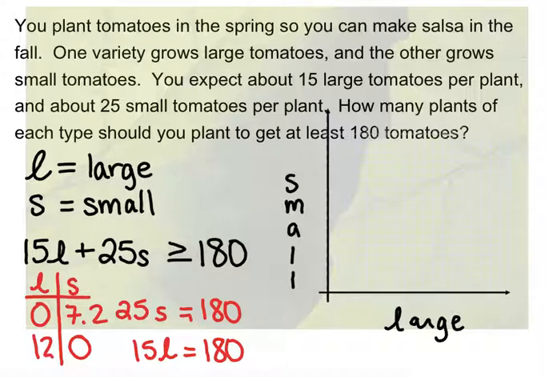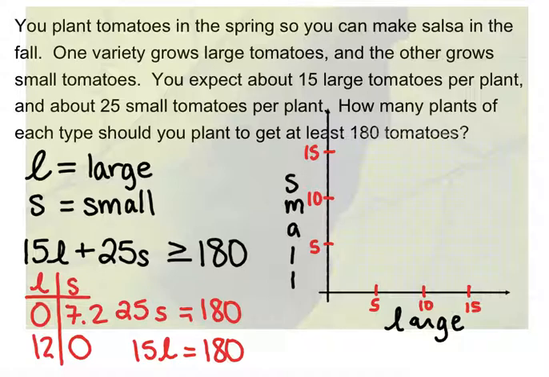Now, those aren't big numbers, so I should be able to go by ones. So I'm going to count out, going by ones. I'm going to label every 5th one. So now all I have left to do is plot those points, draw my line, and shade.